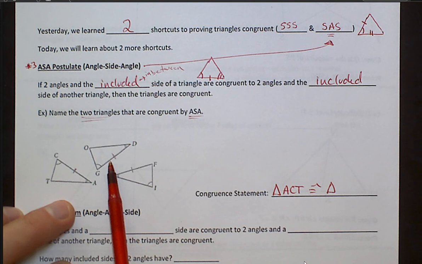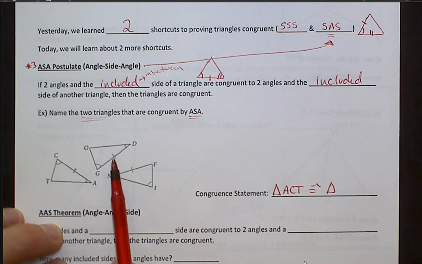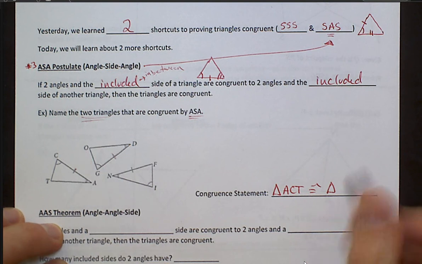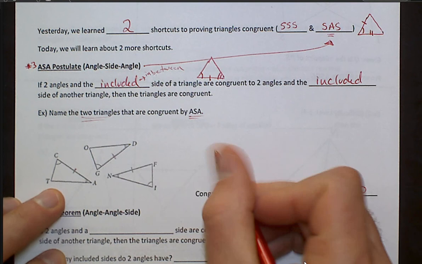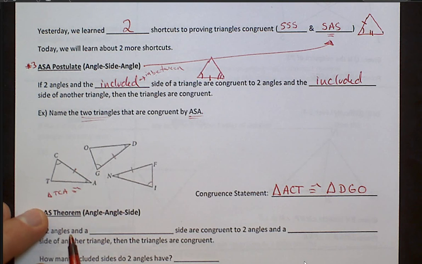If I said A, and then C, and then T, this one should be called D, G, O. Now again, I don't have to start at letter A. Heck, I could have said triangle TCA is congruent to, if I said TCA, I'd have to go OGD.